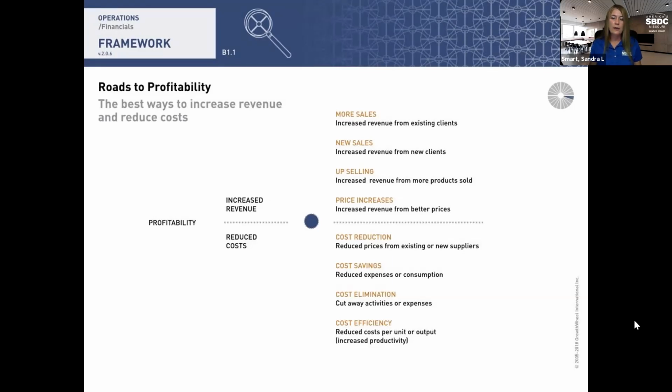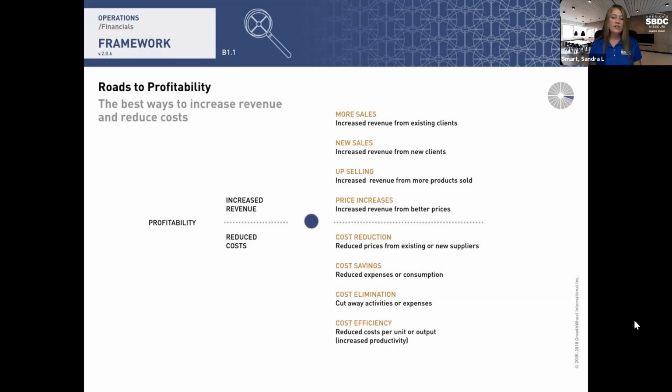Do you still need those? Can you cut back or reduce those some? Or can you eliminate them, which is the third approach for reducing cost. There could be activities that you're doing in your business that you can completely cut out, allowing that cost reduction, or other expenses that you can cut out that aren't relevant at this time.